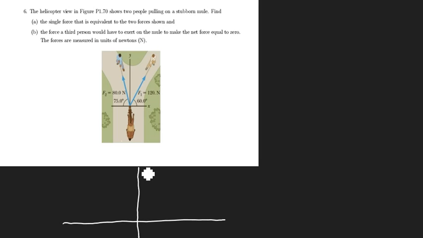I'm going to have a line in this direction, which I can call my x, and then this line, which I can call my y. I've been told that I have a force being exerted in this direction, and I'm calling that force F1. It is equivalent to 120 newtons at an angle theta of 60 degrees.